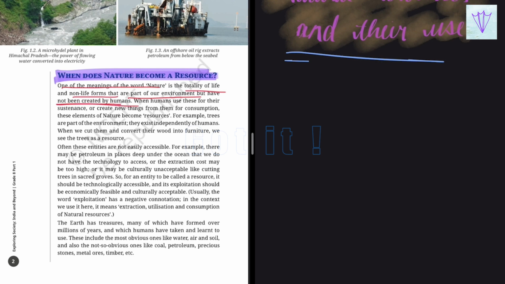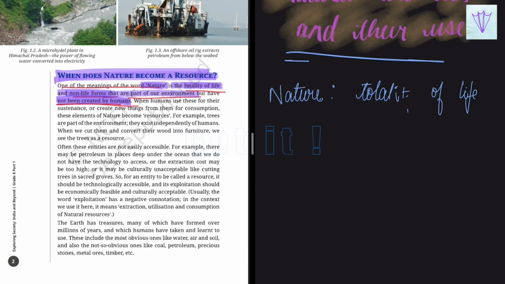When we talk about nature in detail, first we have to remember that nature is the totality of life and non-life forms that are part of our environment.